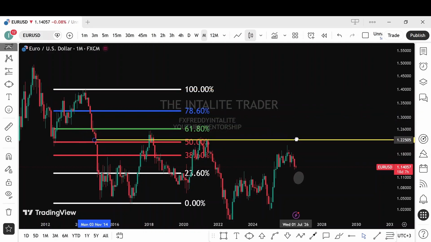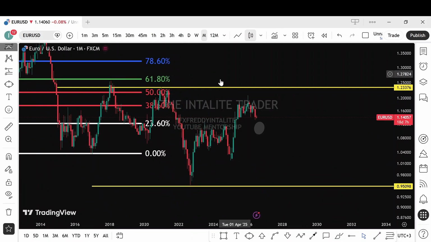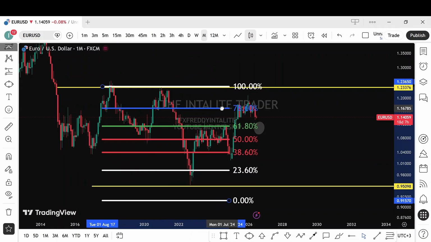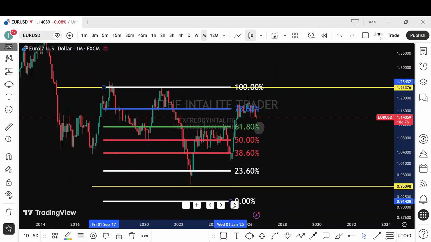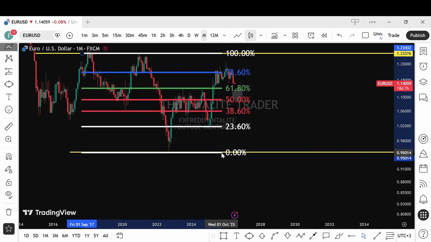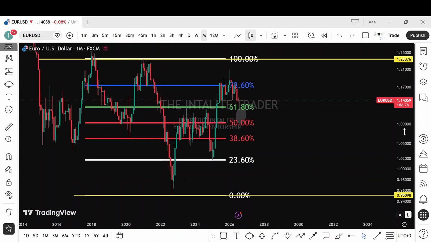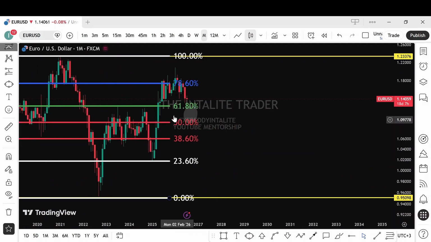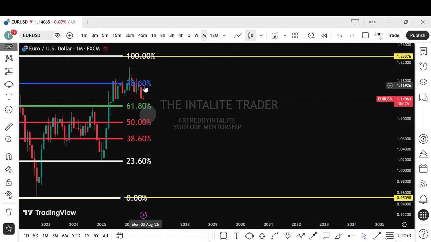Price started from here. So that one gives us our swing high and our swing low. Then you come and put your level like this. So you wait for price. Now you see price pulled back. It closed above. It is into the 78.